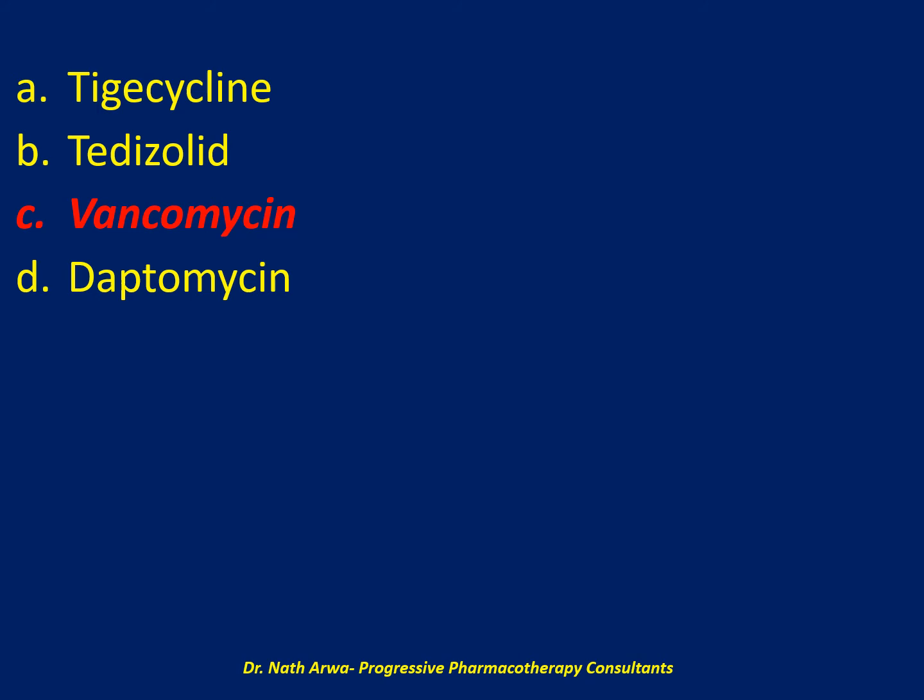Now, tedizolide is yet to get FDA approval for HAP or VAP treatment, and it isn't included in any HAP or VAP guidelines. All those many words would make me biased towards C. And we know that tigecycline has a very large volume of distribution, so even though it may be effective against MRSA, you would not obtain therapeutic serum concentrations in such sick patients, so it would not be effective as monotherapy for MRSA infections.